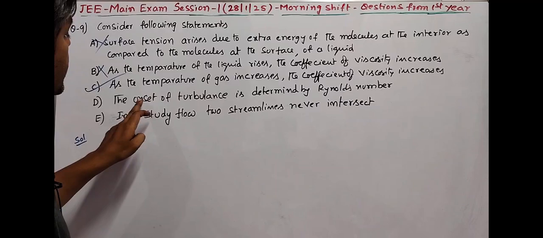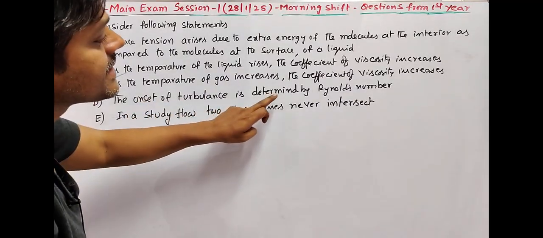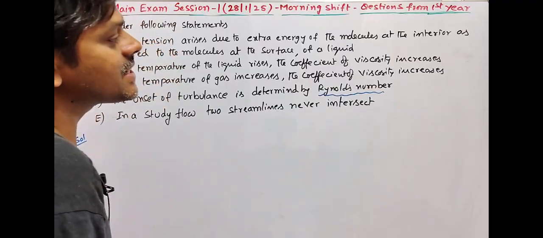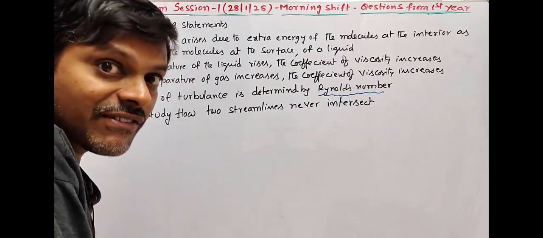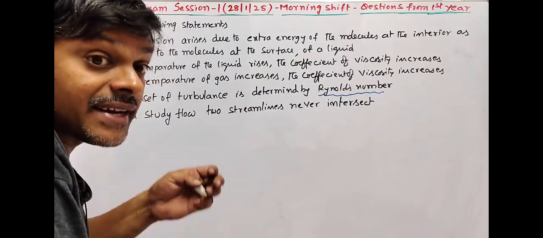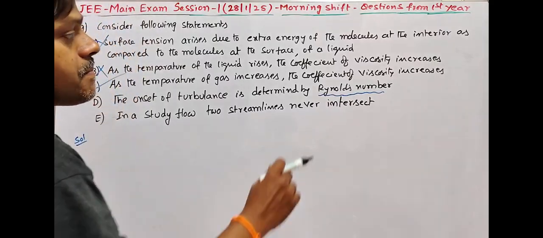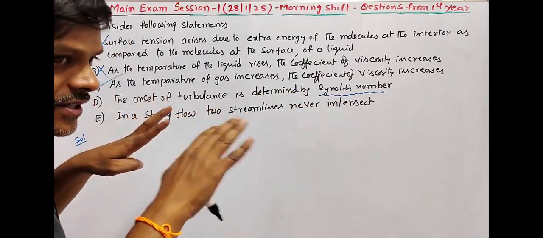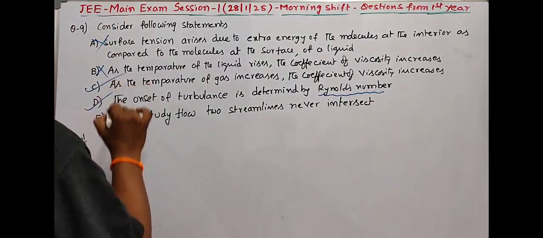Next, option D. The onset of turbulence is determined by using the Reynolds number. The Reynolds number tells whether the flow is streamline or turbulent. So based on the Reynolds number only, we can find out whether the flow is streamline or turbulent. So option D is also correct.